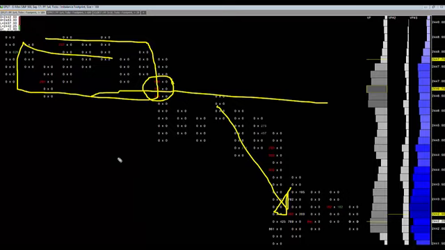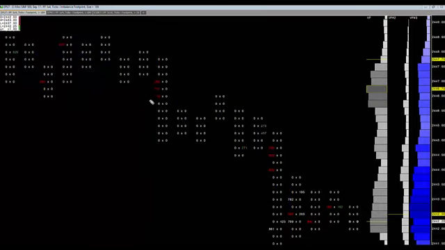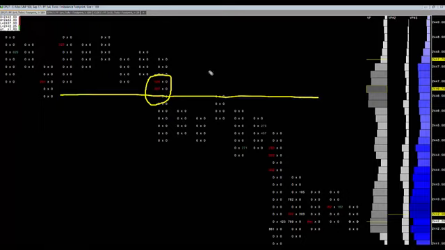What you're seeing is what? People who miss doing what inside that yellow circle? Selling it or buying it? Did more people miss buying or selling it? I'll give you a couple seconds to answer that. They miss selling it. If people miss selling it, there's a good chance that they're going to try to sell it if they get another chance inside that area.